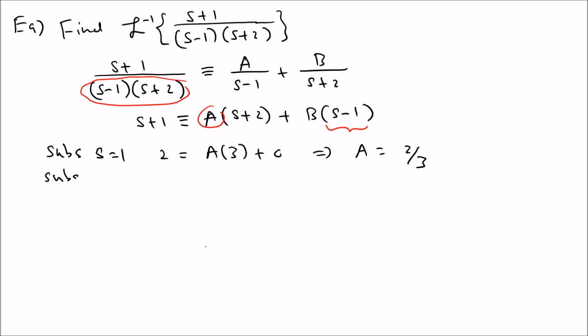Do the same thing. To find B, we substitute s equal -2 to make the other term 0. If s is -2, the first term gets 0, so that means -1 equals 0 plus B times, if you substitute -2, it becomes -3.